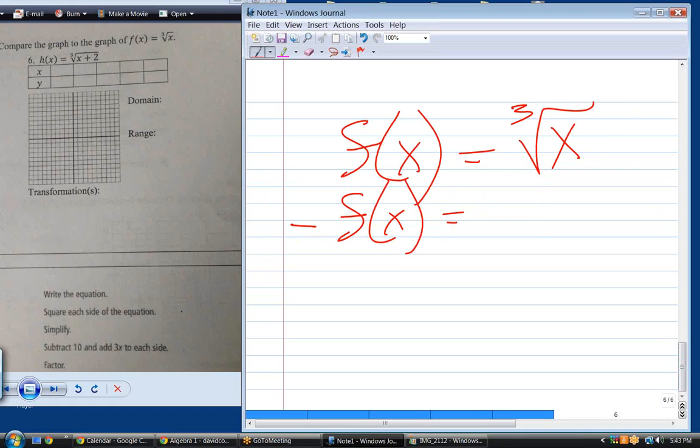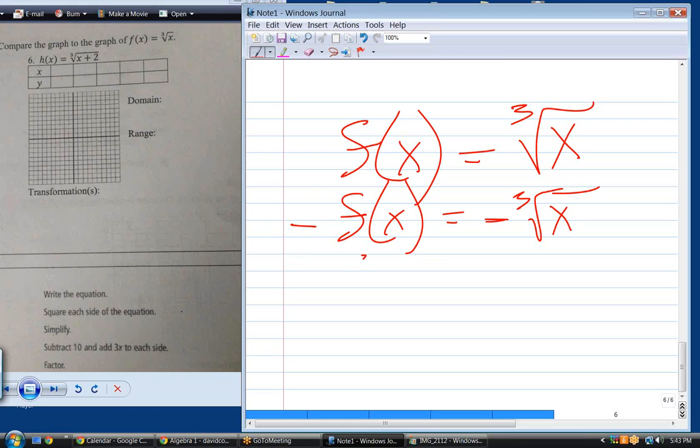Wouldn't that be a reflection? Well, it would be, but what is it exactly here? A reflection over the x-axis? This is the answer I'm looking for here. In other words, when I say f of x equals this, minus f of x isn't going to equal minus that. Okay? You with me?